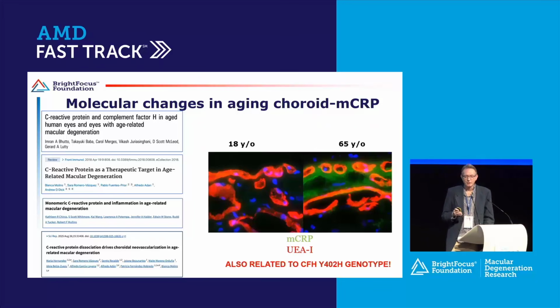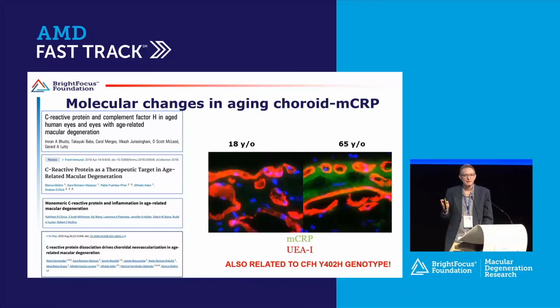And so one thing that happens during aging is there's an increase in deposition of CRP around the choriocapillaris. More striking than aging, though, is that this phenomenon occurs in eyes with high-risk factor H genotypes more than in low-risk factor H genotypes. It seems to be specifically the Y402H variant that's been studied.